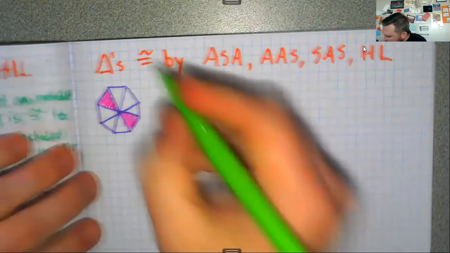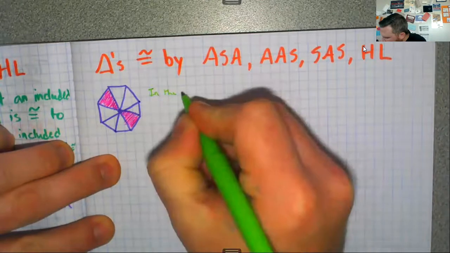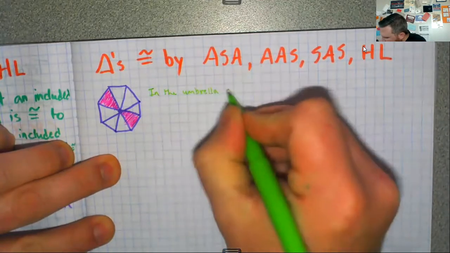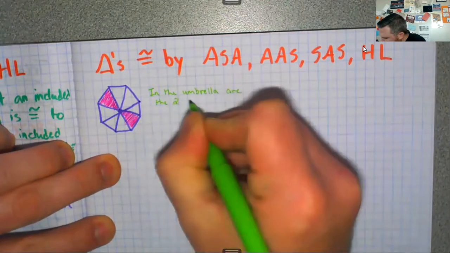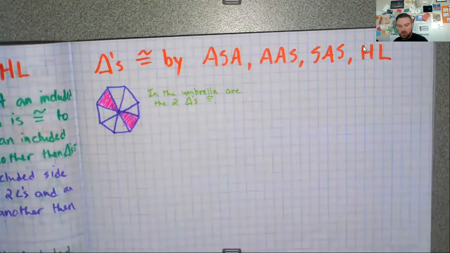So it might say, in the umbrella, are the two triangles congruent? Okay, and this is all that they give us.